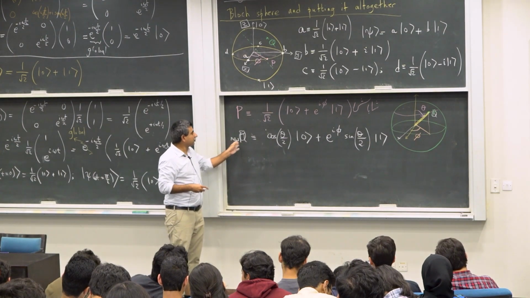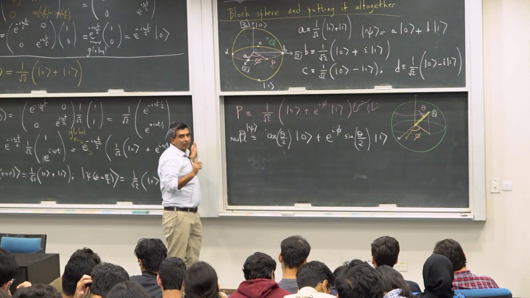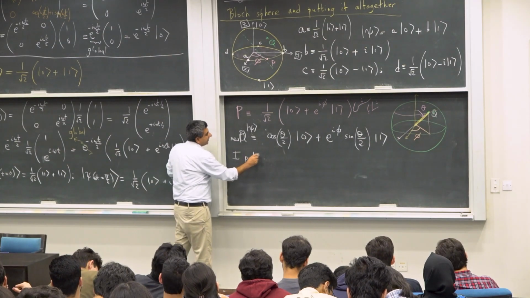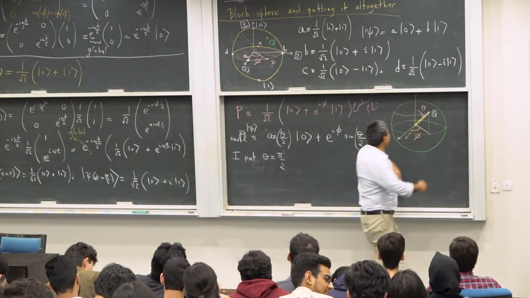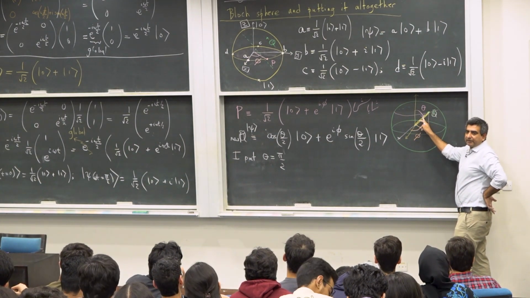So let's look at this quantum state. This is my psi. On the equatorial plane, I put theta is 90 degrees. What is this angle of co-latitude?